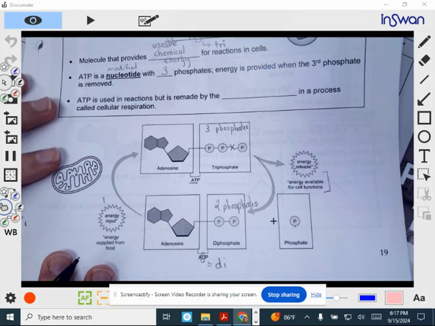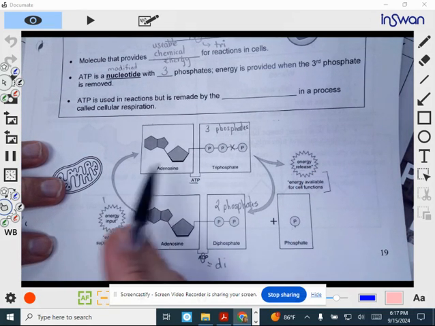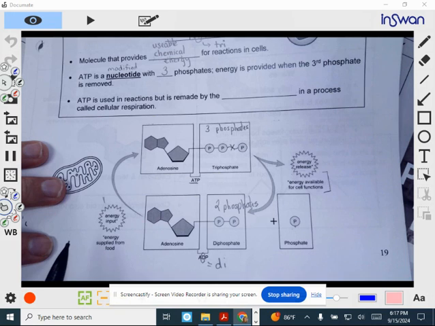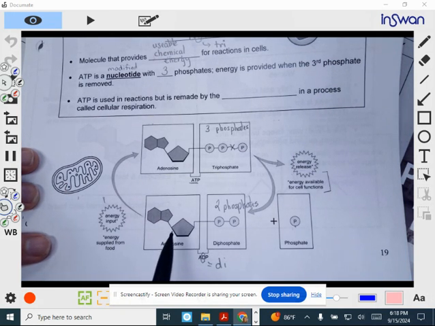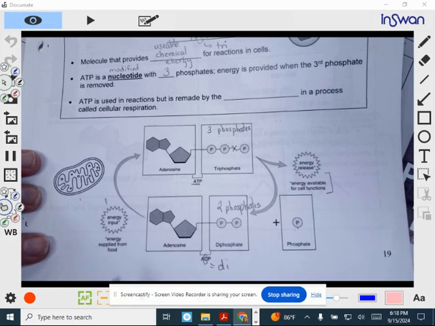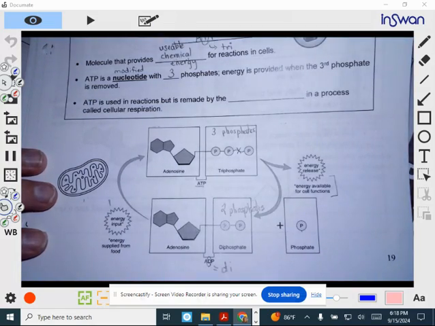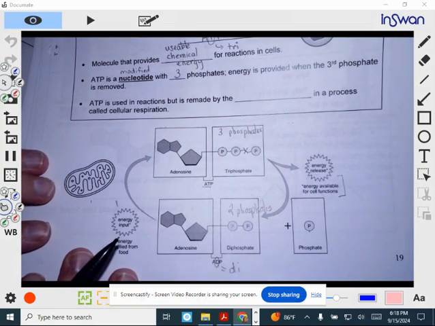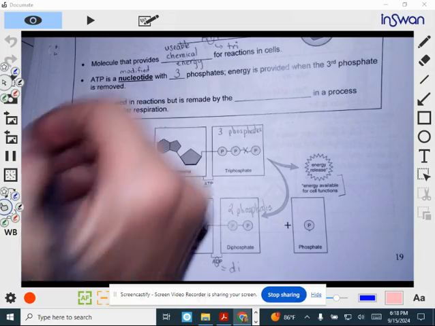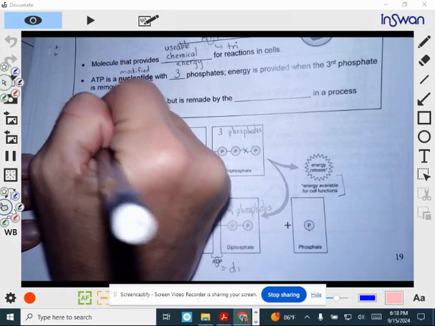Okay. Now, how do we get ATP back for further reactions? Simple. The mitochondria can take ADP and reattach the phosphate on it. So that's why the mitochondria is known as the powerhouse of the cell, because it has the ability to make ATP. Now, I'm just going to abbreviate.